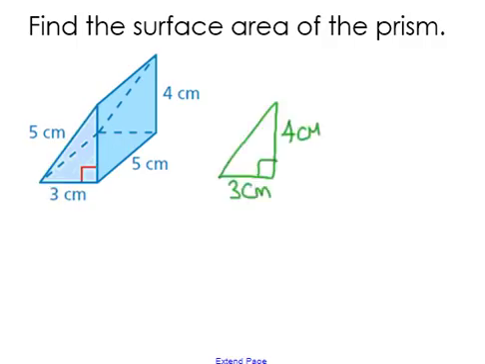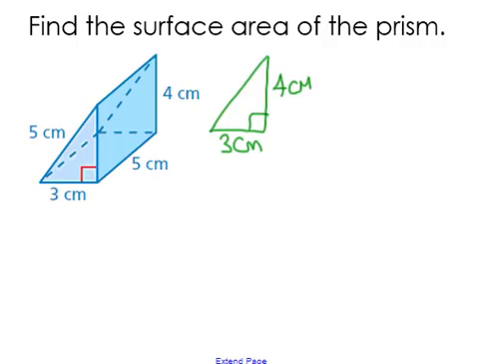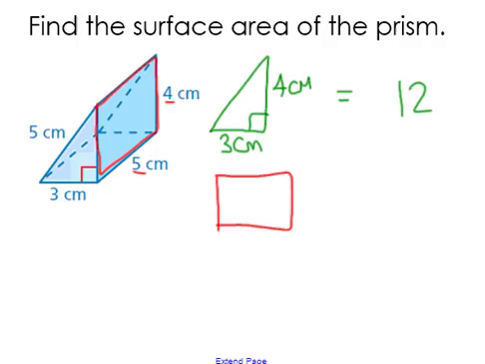So now if I bring that over, that's what we're finding the area of. 3 times 4 divided by 2 times 2 is going to have a total of 12. Okay, next we have this face, which is a rectangle with dimensions of 5 and 4. Which would give us an area of 20.